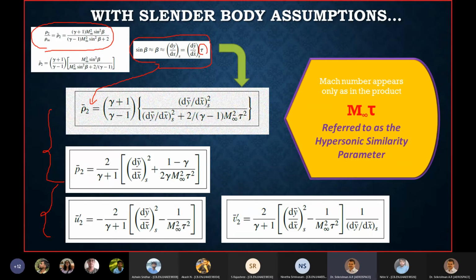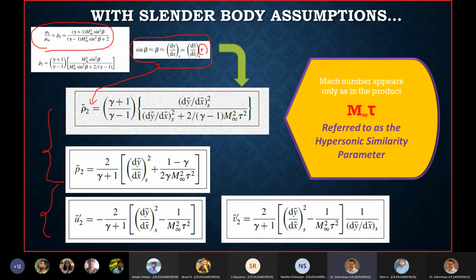Now, keep in mind we are looking at the boundary conditions on the shock side, and you can see that in all of them, the way Mach number appears is as a product of Mach number and tau. Wherever you see Mach number in these, we have tau along with it.